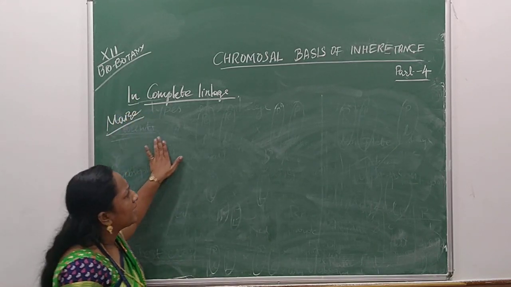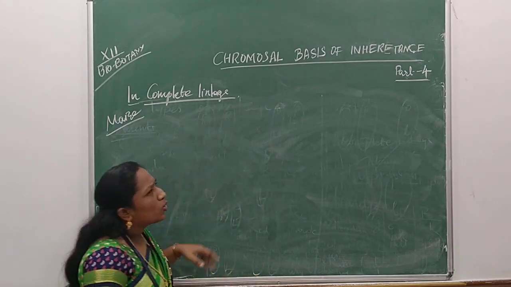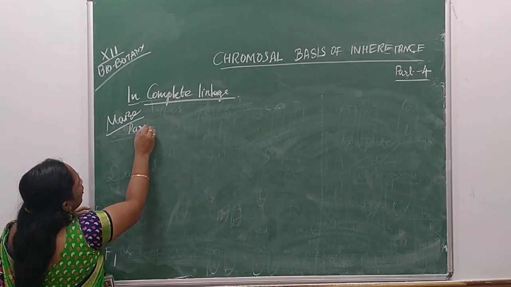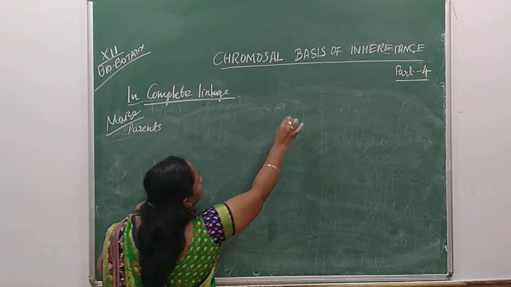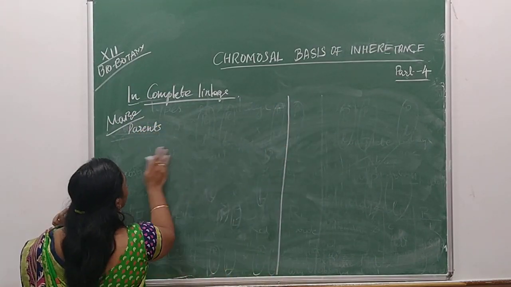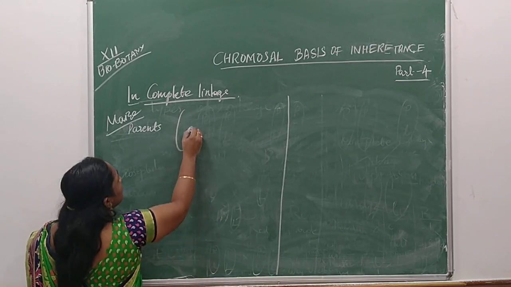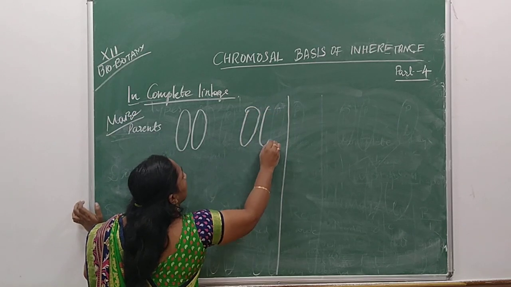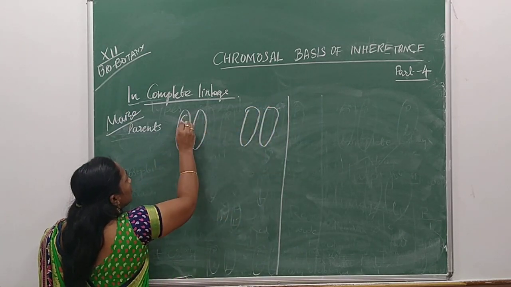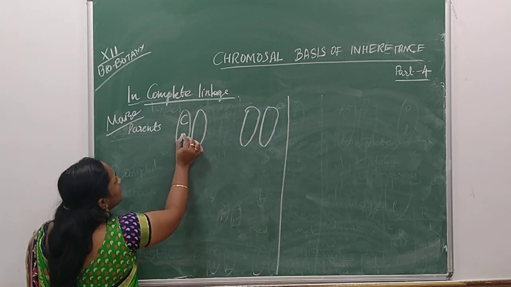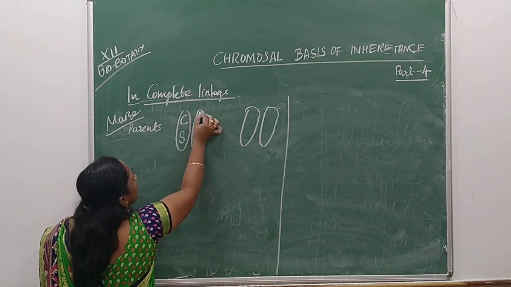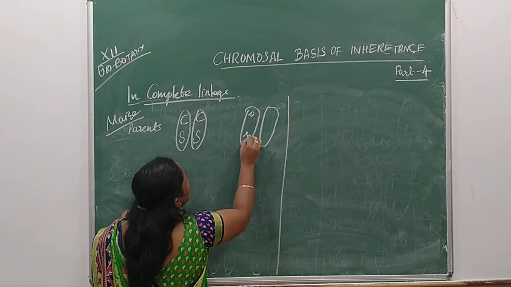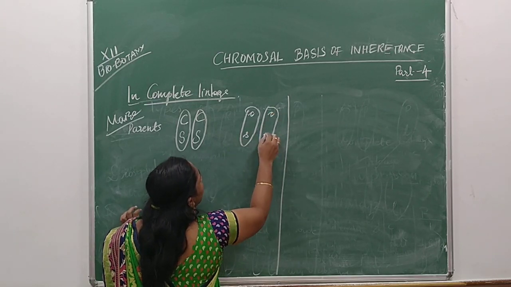What characters has he taken? Here both the parents are homozygous parents. Here, full dominant: capital C and capital S, capital C and capital S. Here small c, small s, small c, small s.